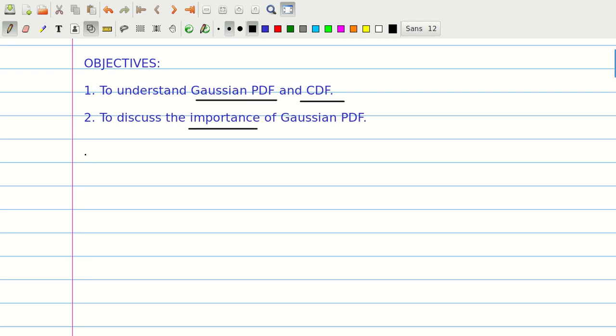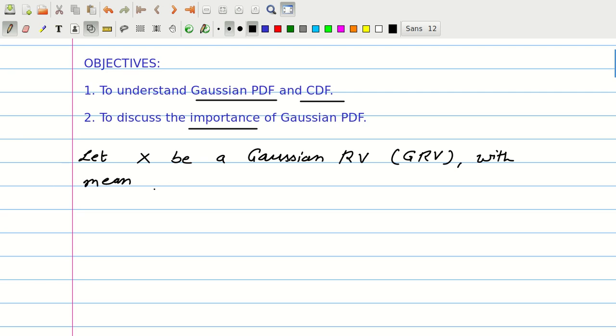Okay, so let x be a Gaussian or normal random variable. In short, we write GRV with mean, mu and variance sigma squared.